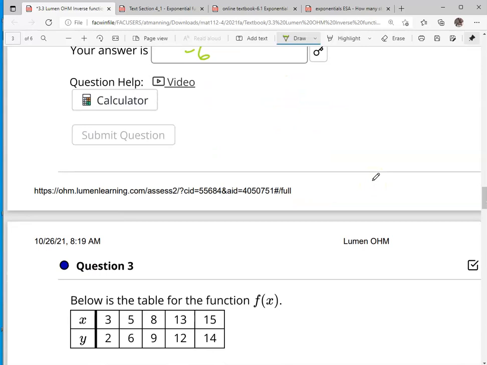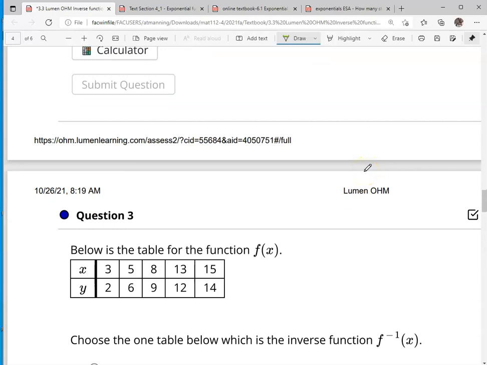Now you give it the table. We just have pairs of numbers. And what's the question? Which table below is the inverse function? Well, before looking at my choices, what would it be? If I start with x and I get y, remember that's the same as f of x.